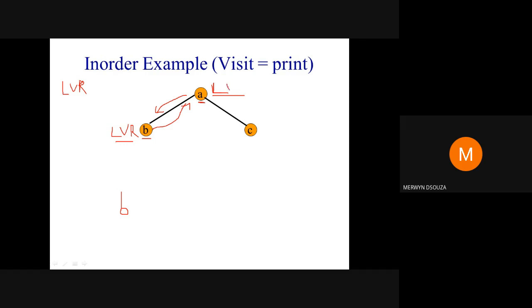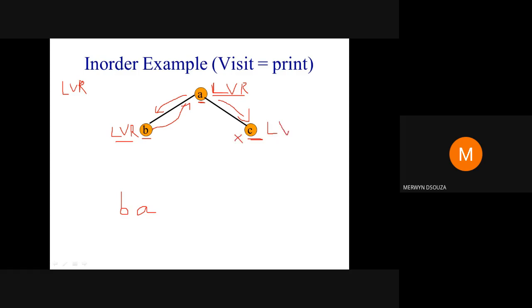So you will perform the second step, visit. Visit means write in the output. After visiting, is any other step remaining? Yes, right is remaining. So you will try to go to the right subtree. You reach a new node, again start from the first step. So you will try to go left. There is no left subtree here.